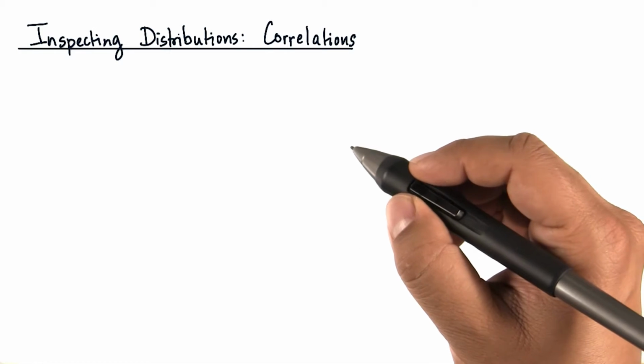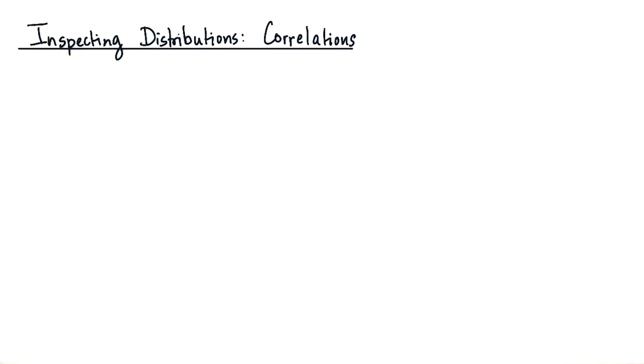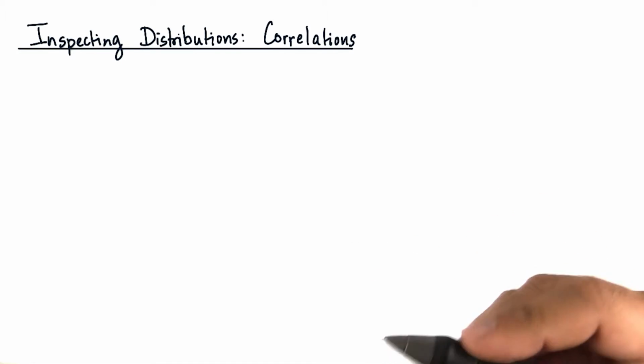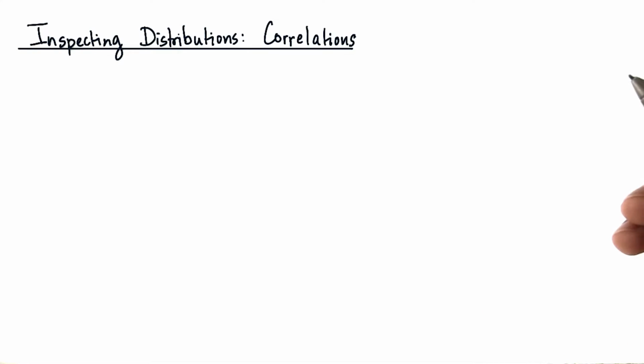Now we are going to look at correlations between two variables. But before we do so, let's look at where we are in our questioning and model building phase.